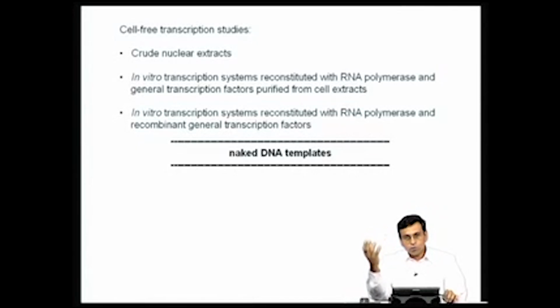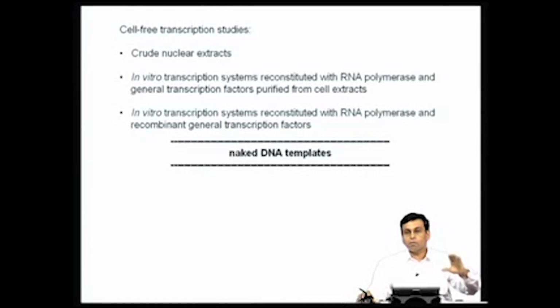So, people took all these purified histones and added them to the naked DNA, so that you can assemble nucleosomes and prepare chromatin templates that have nucleosome structures. There was a paradigm shift in the thinking of people working on gene regulation: if you really want to interpret the results of cell-free transcription studies in terms of what actually happens in vivo, naked DNA templates may not be the right way of doing experiments.